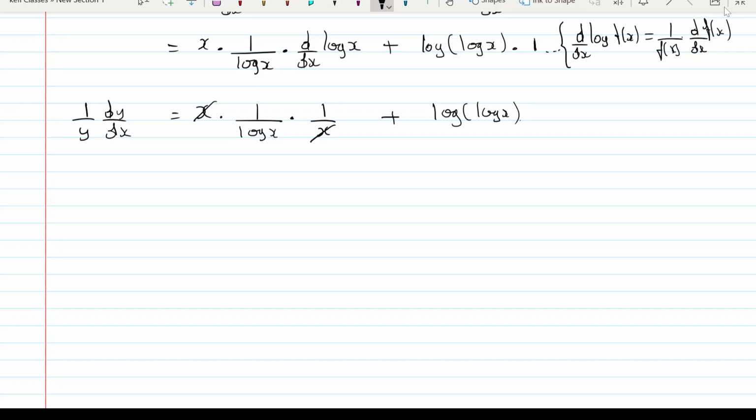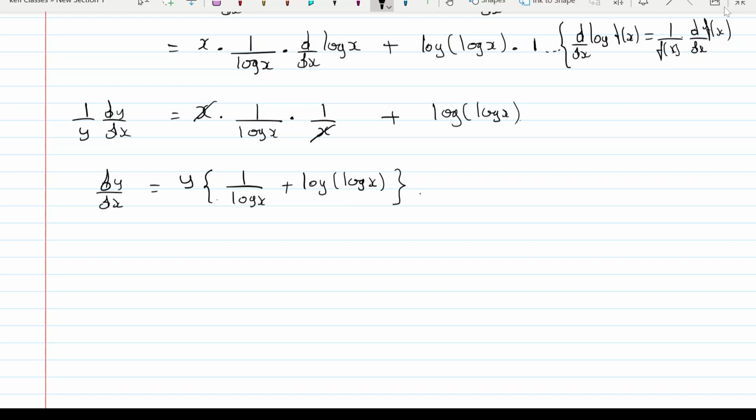Okay, now the fourth step, and that is dy by dx is equal to y into 1 upon log x plus log of log x.